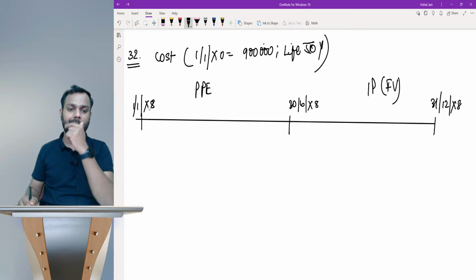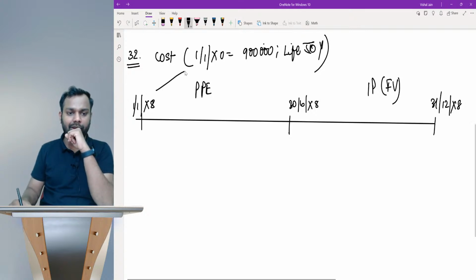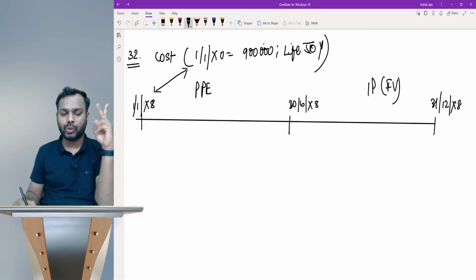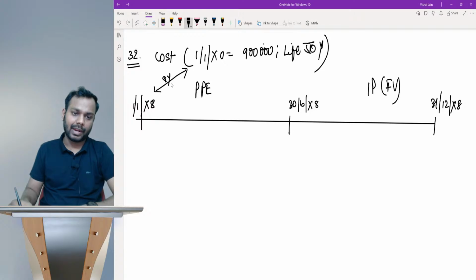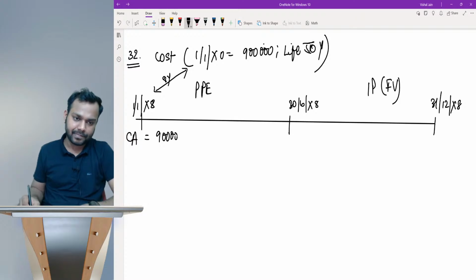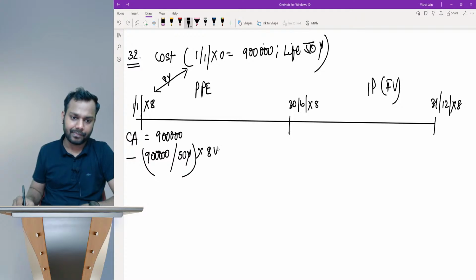How many years have passed from this date to this date? 1, 2, 3, 4, 5, 6, 7, 8. 8 years, right? So the carrying amount here will be 9 lakhs minus 9 lakhs divided by 50 years multiplied by 8 years.